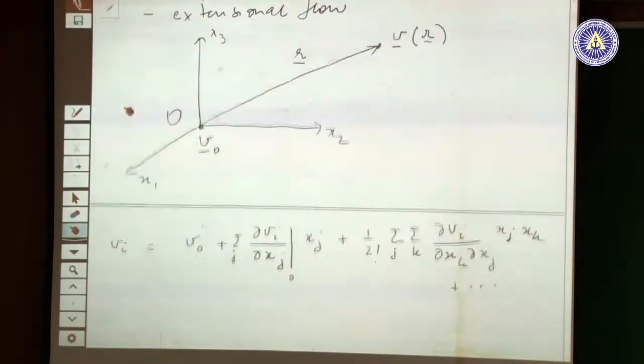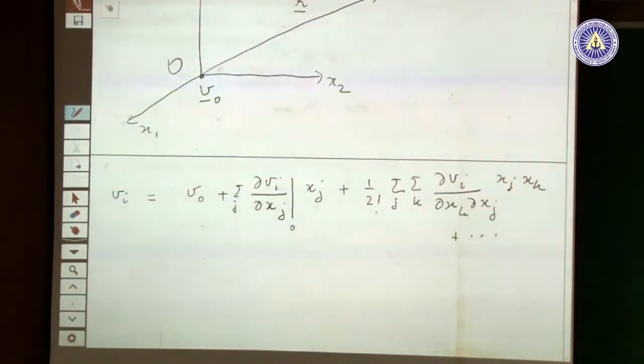If your strain rate doesn't depend on space, remember we define gamma dot as grad v plus grad v transpose, right?